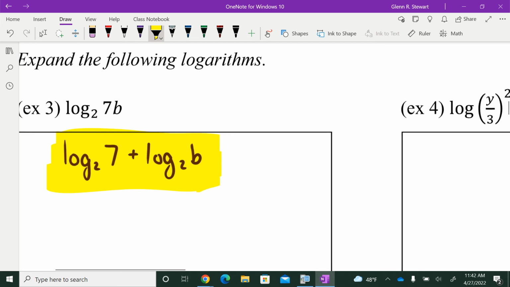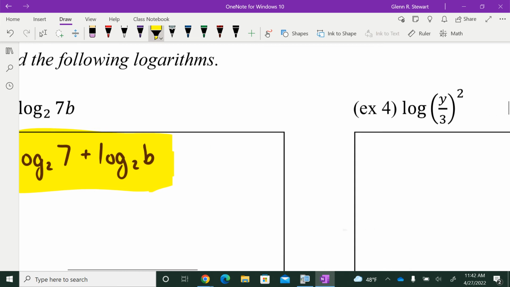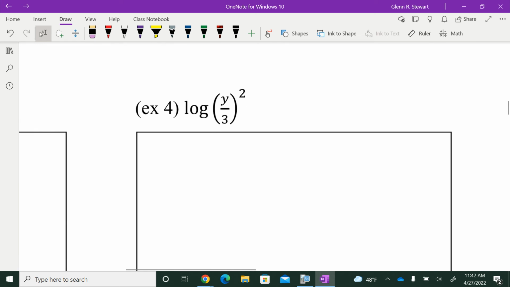Now, just like multiplication and addition go hand in hand, with example number 4, division and subtraction do as well. Notice, though, that there's this 2 on the outside first. I'm going to move that to the very front using that power property. So 2 log of y over 3.